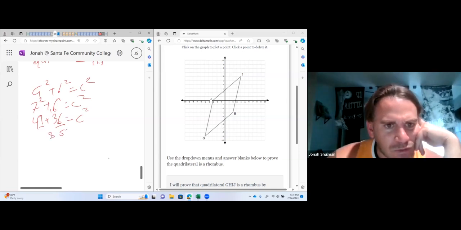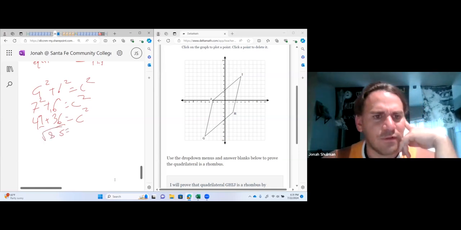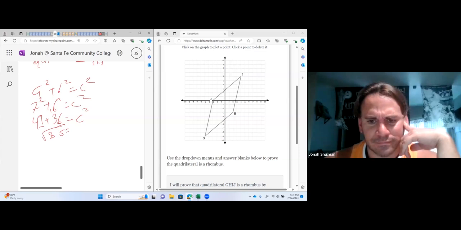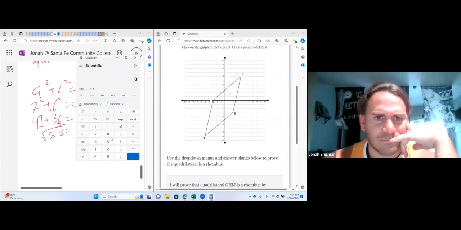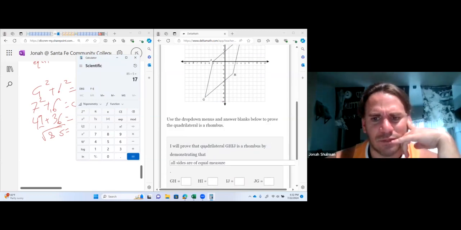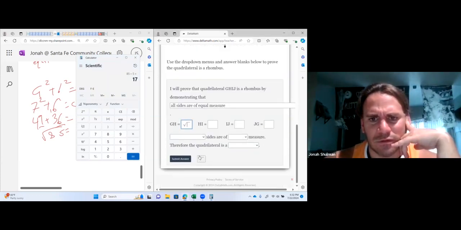So we've got square root of 85. So we know it's 5 times 17. That doesn't help us. I'm just going to make them all the square root of 85.